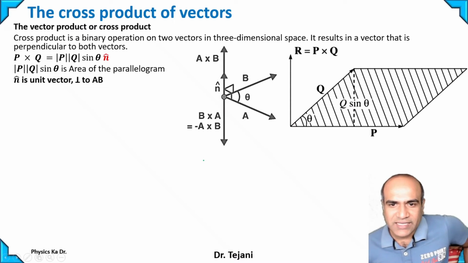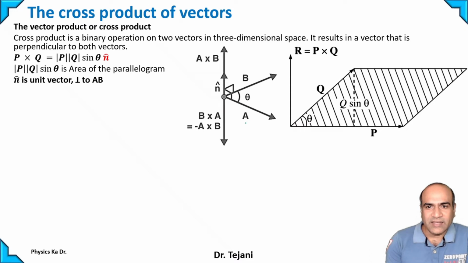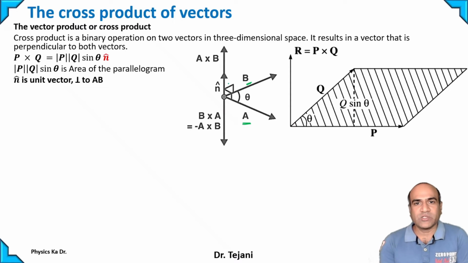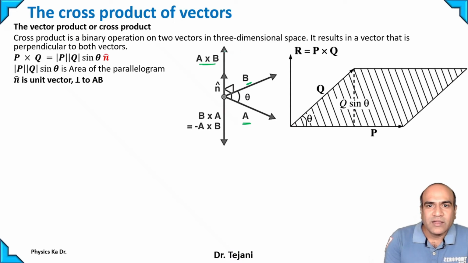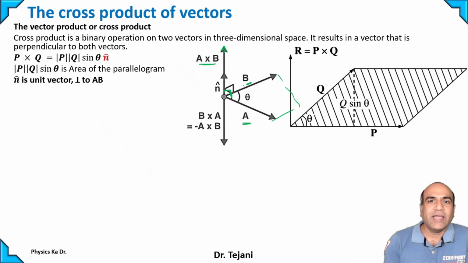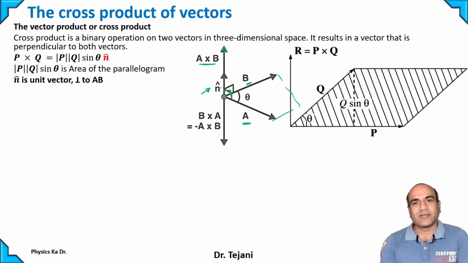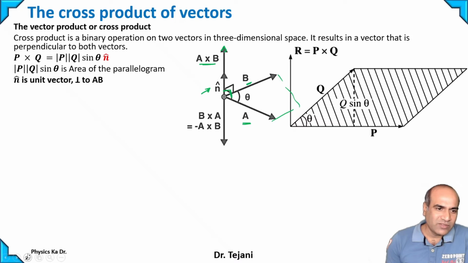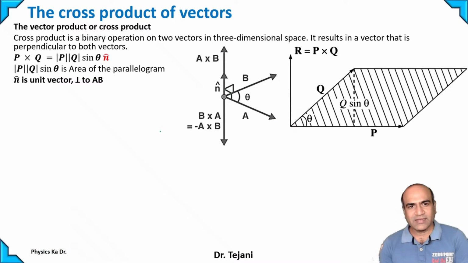So let us take here, say for example, there is a vector A, it is having angle theta with B vector, and if we want the cross product, A cross B, it is perpendicular to both A and B, that means the AB plane, and here it gives the n vector for that. How to find this n? That can be a question.